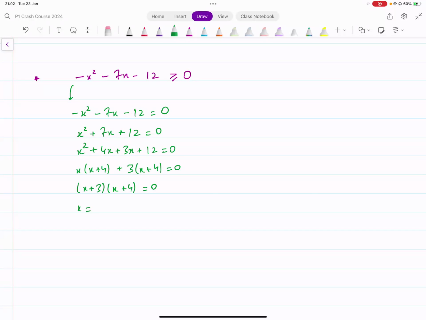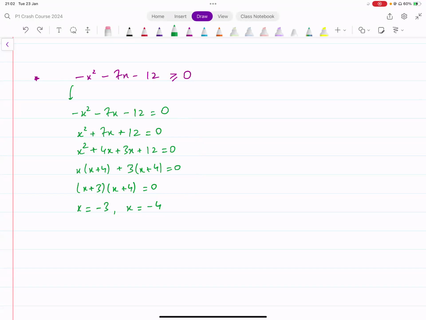So what are the two x-intercepts that we get? We get -3 and -4. These are the two x-intercepts that we get. But this is not the final solution. This is not the solution of this inequality. These are the solutions of this equation that we solved. Now let's sketch this graph.